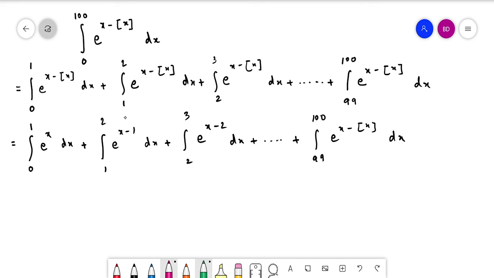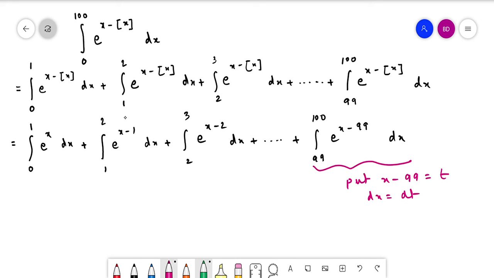Now let me explain first the last part of the integration. Sorry, I made a mistake here. This will be x minus 99, because you know from 99 to 100 floor x is 99, right? So now here I put x minus 99 equal to say t, then dx equal to dt.